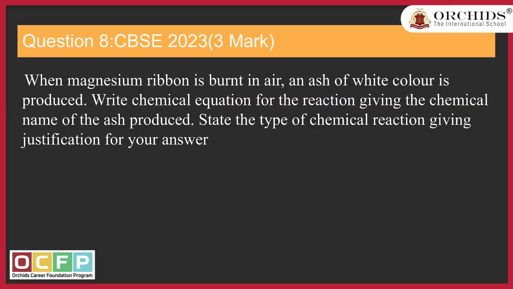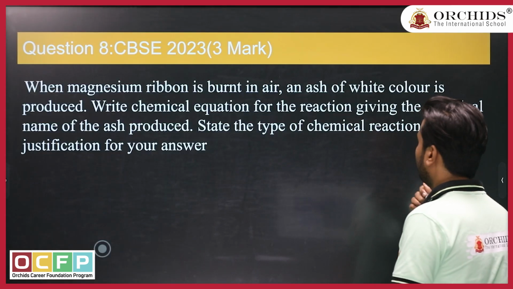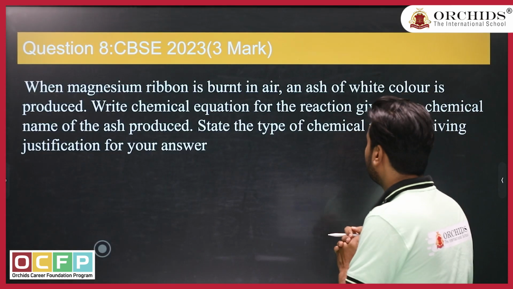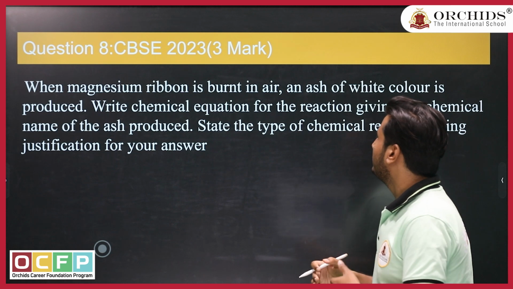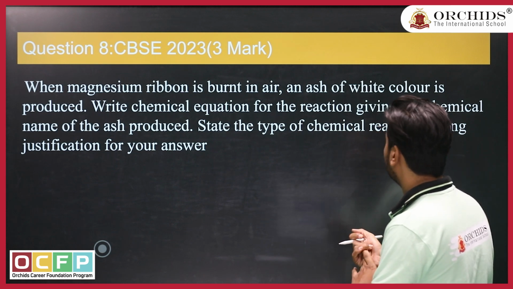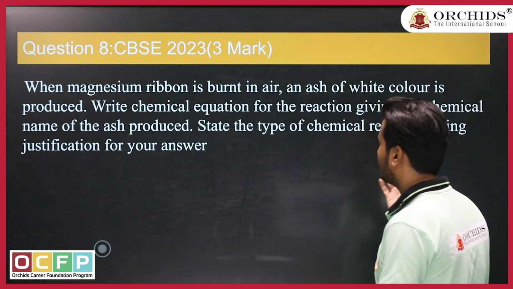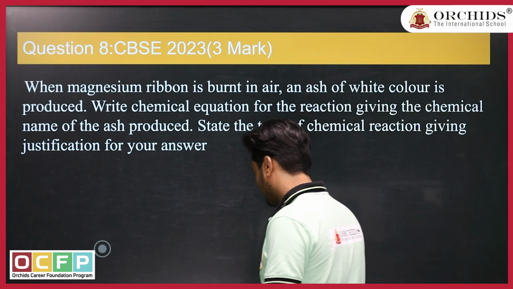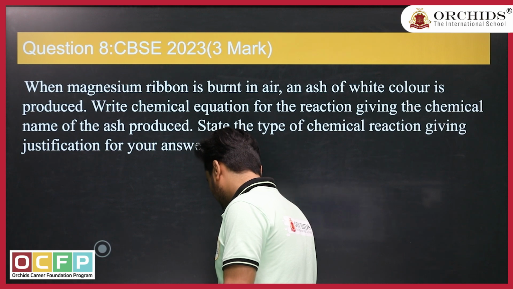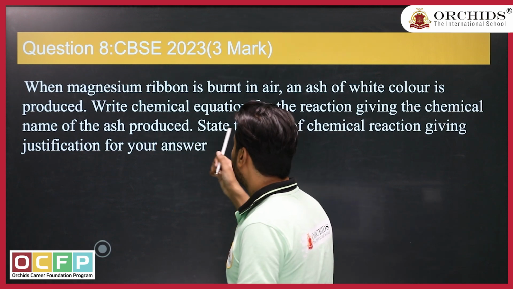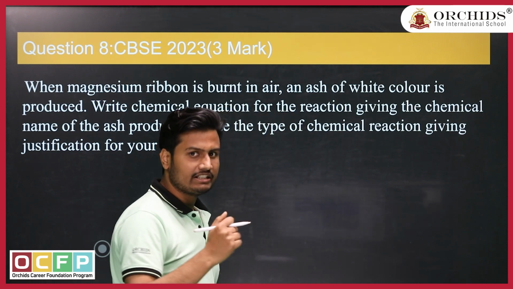Our next question is, when magnesium ribbon is burnt in the air, the ash of white color is produced. Write the chemical reaction for the reactant giving the chemical name of the ash product. State the type of chemical reaction and justify your answer. Alright. So, when magnesium ribbon is burnt, let us write the reaction first.